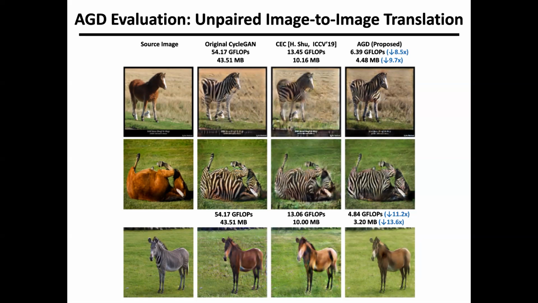In particular, compared with the original CycleGAN, our AGD achieves up to 11.2 times compression in FLOPs and 13.6 times compression in model size, while maintaining comparable visual quality. And compared with the CEC baseline, our AGD achieves notably better visual quality with sharper texture and eliminating color shift.